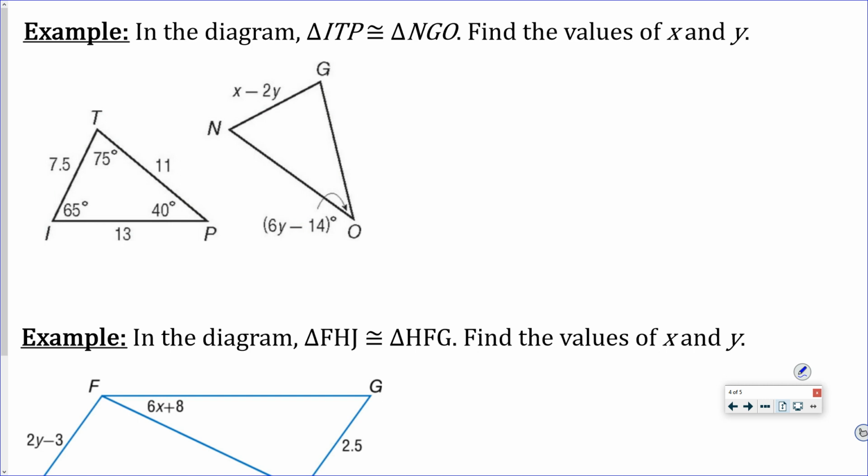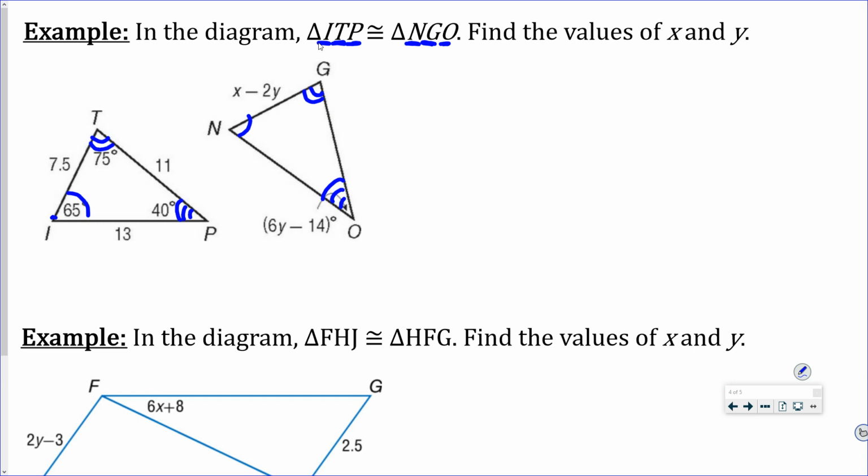The vertex I is listed first, so they're telling me that I is congruent to N, and then T is next. T is congruent to G. P is congruent to O. That's what that congruence statement shows us. Those are the corresponding congruent angles.